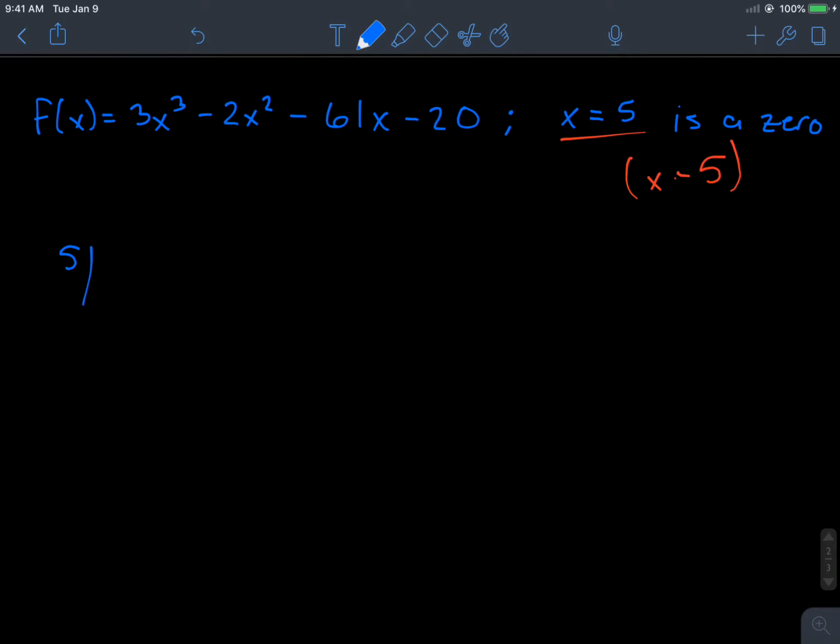So 5, 3x cubed minus 2x squared minus 61x minus 20. And again, with these, you could do long division if you want. You could do that polynomial divided by x minus 5 and use long division. But I would really recommend giving the synthetic division a shot, especially for next section. It's going to speed up the process a lot to use synthetic division.